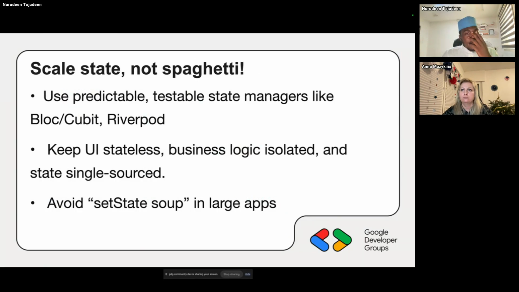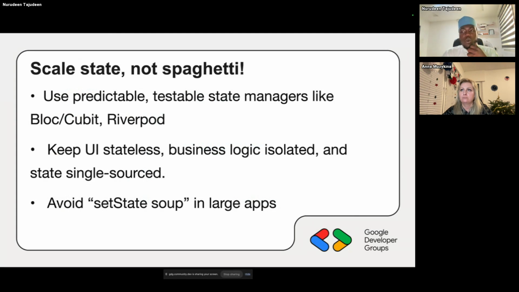And one other thing here is scale state, not spaghetti. I don't know how I came about this heading, but the whole idea is that you ensure you're scaling the state, you're not just mixing things up, right? So we need to ensure that we use predictable and testable state managers like BLoC, Cubit or Riverpod, as opposed to just putting everything together and setting state here and there.